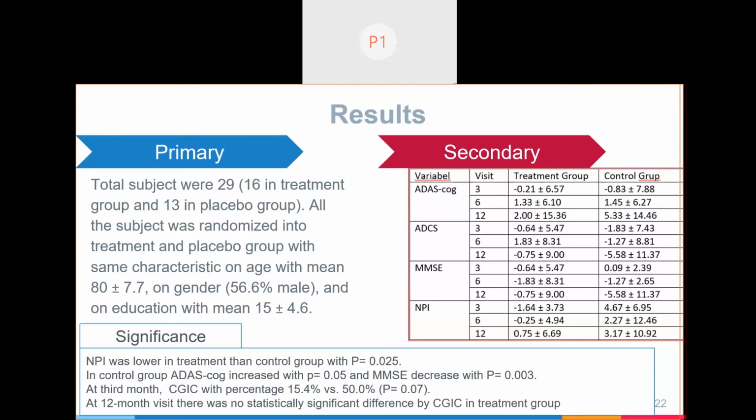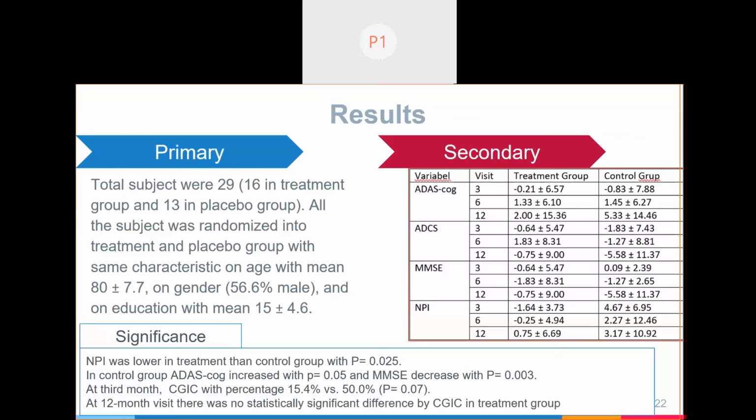For the significance, the generalized estimating equation showed that there was a change of estimate rate in the treatment group. For the impact, NPI was lower in the treatment than the control group. In the control group, ADAS-Cog increased with P 0.05 and MMSE decreased with P 0.003.